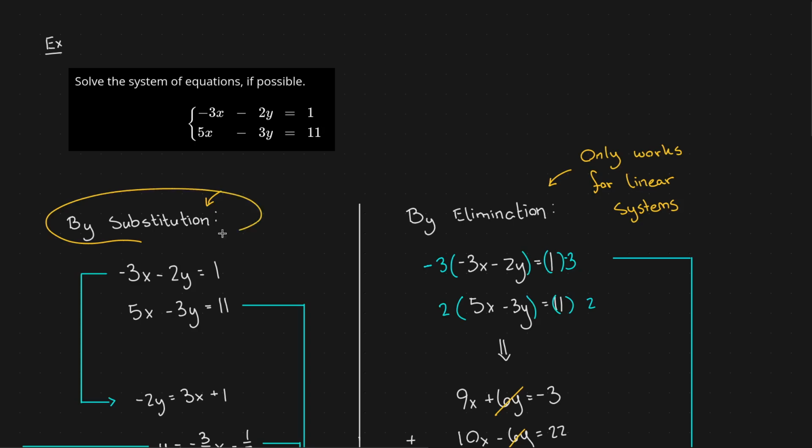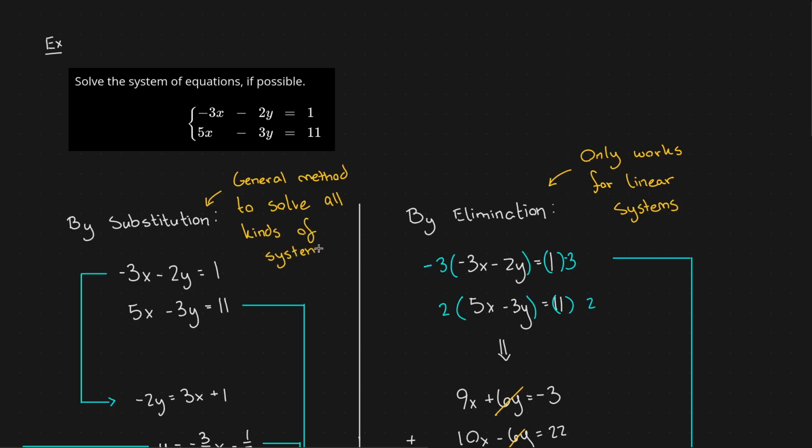This is our go-to method for general systems of equations. General method to solve all kinds of systems. If you're going to do it algebraically, this is your best bet for solving a nonlinear system of equations. Now, of course, this course is linear algebra, so elimination is going to be the method that we are going to use for this course.